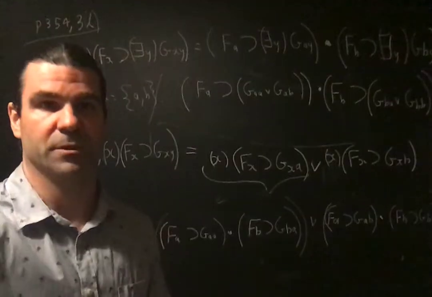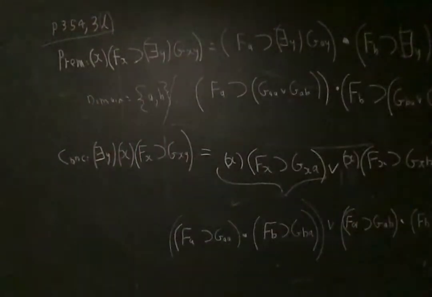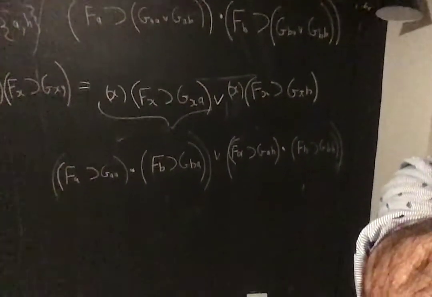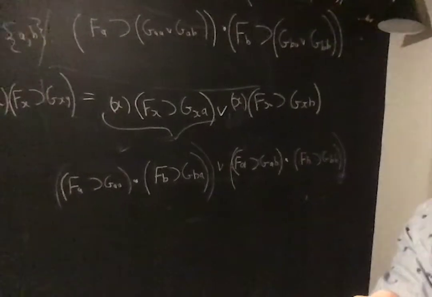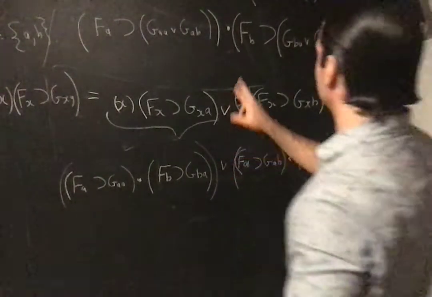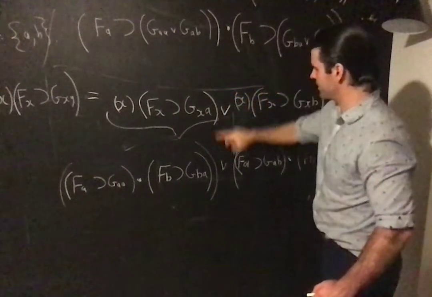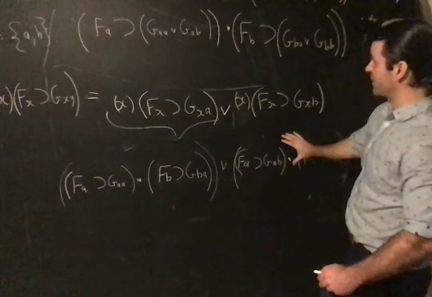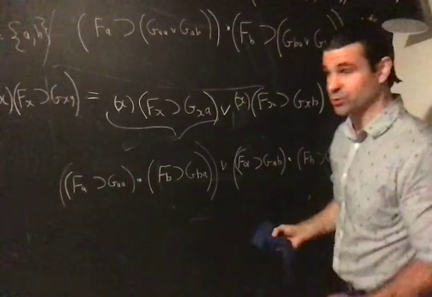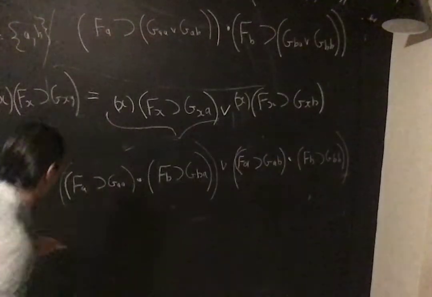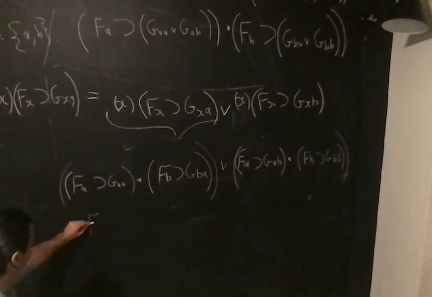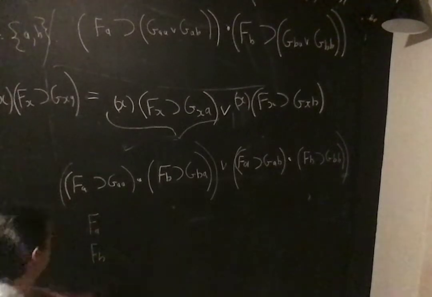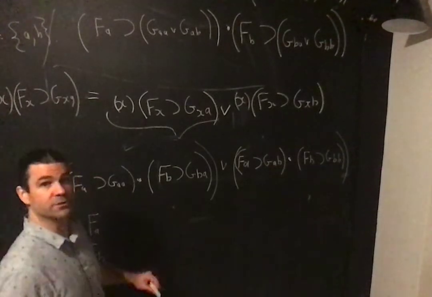Okay, you've done the translation, so all we have to worry about is this guy and this guy. That's the final translation of the premise, that's the final translation of the conclusion. So draw a table like this, right? FA, FB, now we've got all the G's. Four G's.